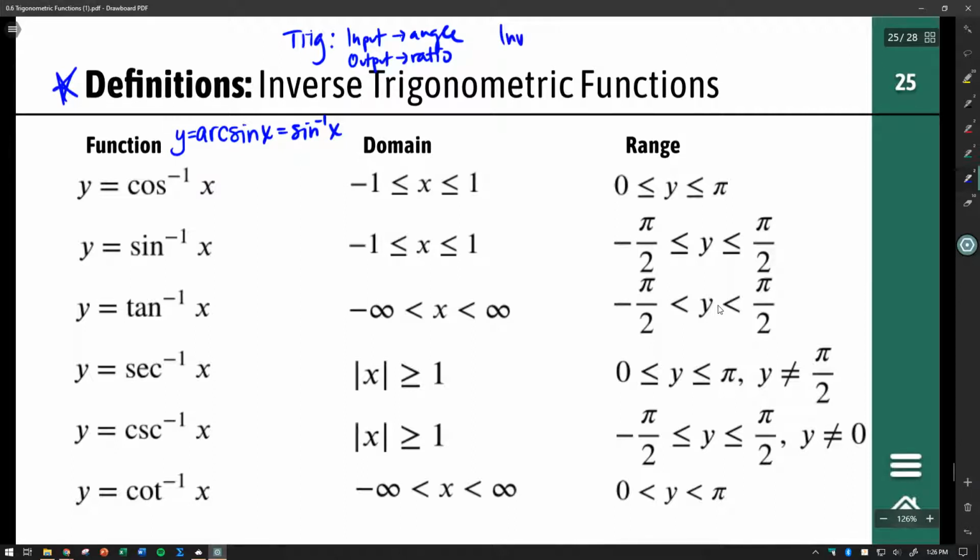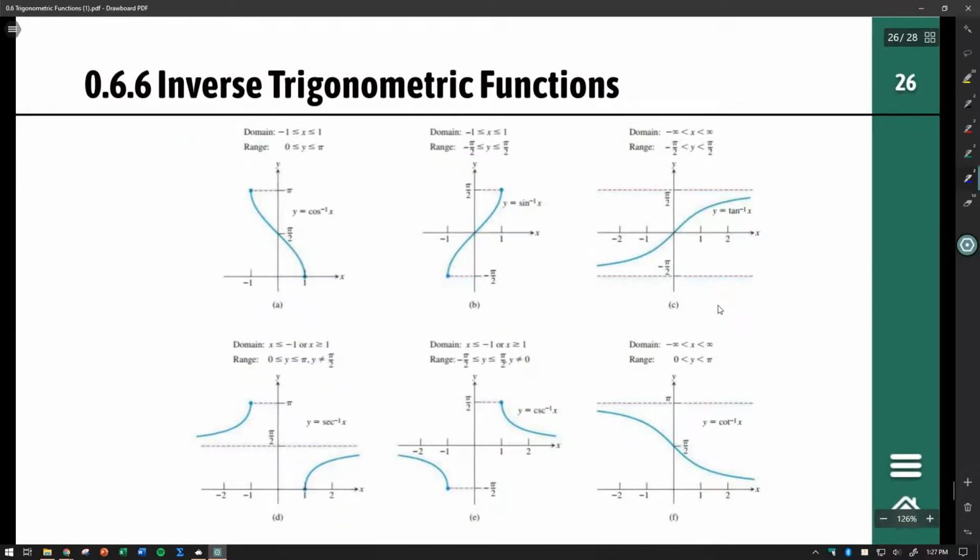Well, with inverse trig functions, the input would be a ratio and the output would, of course, be an angle. So when we're asked a question like the inverse cosine of 1/2, we're looking for what angle has a cosine of 1/2. So here they are in graphical form.